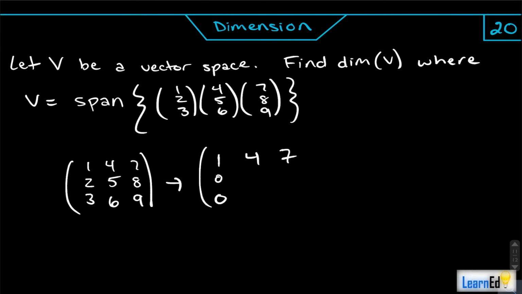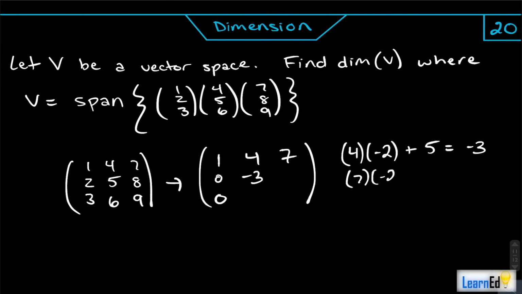To do that, we have to multiply the first row by -2 and add it onto the second row. Okay, so that gives us -8, and then plus 5 is going to be -3. Doing the same exact thing, we have a 7 times -2 gives us -14, plus 8 gives us -6.